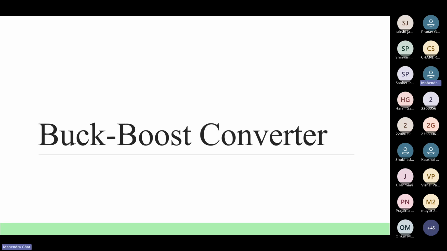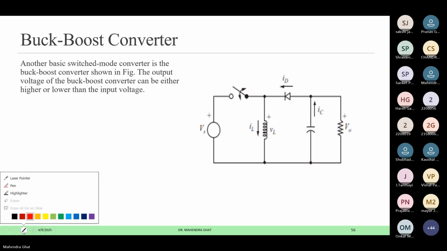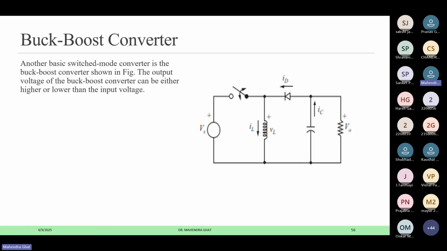And the structure of that buck boost converter is simple here. Somewhat different changes are there, so you can just analyze how it is. The source and the load output voltage will remain at the same position. The switch position is the same as the buck converter. The diode and inductor are replaced compared to the buck converter, but the direction of the diode is reversed here.